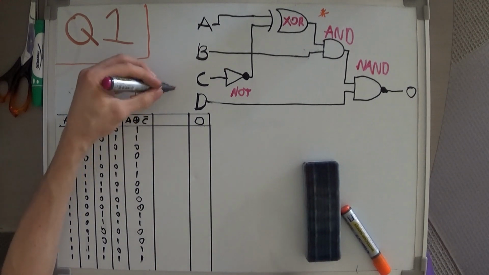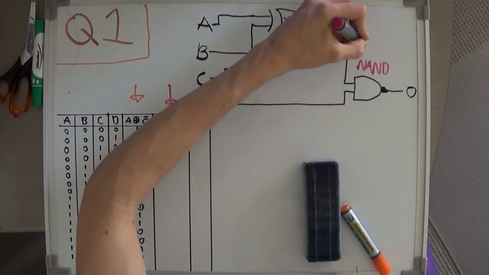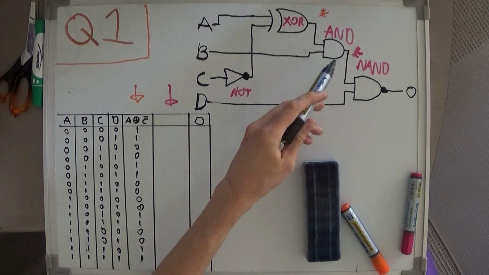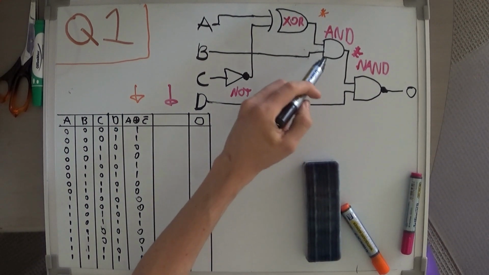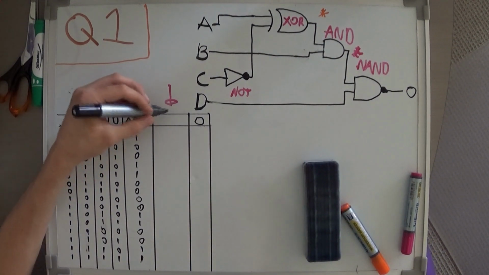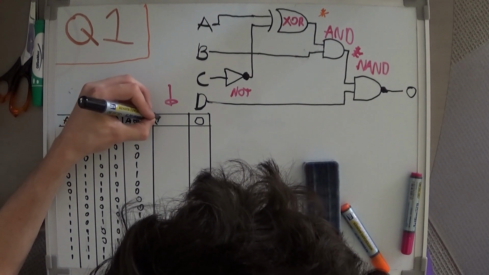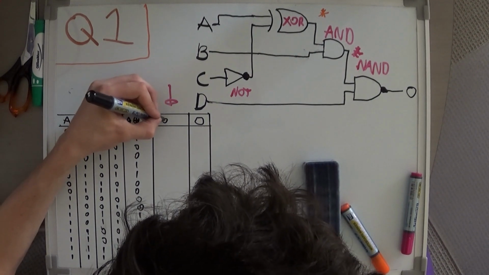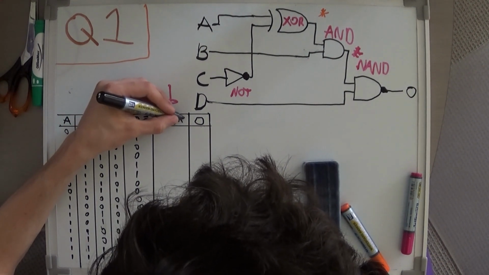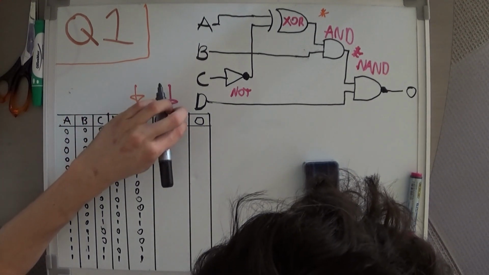Now, in pink, I'll do another intermediate step here, and we'll do the output of this AND gate next. The output of this AND gate is going to be the AND of A XOR not C and B. So we'll write up here carefully in brackets A XORed with not C, ANDed with B. It's a bit of a bad B. Oh boy.